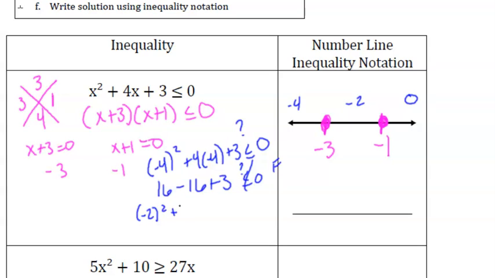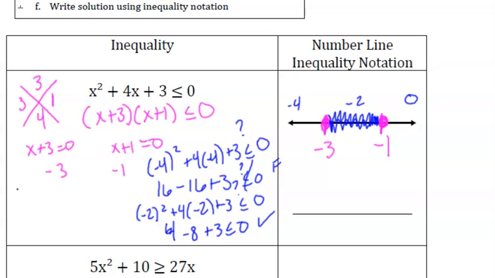Let's do the next one. -2 squared plus 4 times -2 plus 3, is that less than or equal to 0? So that's a -4 plus 3. That is less than 0. So that works. So we're going to shade in this area.